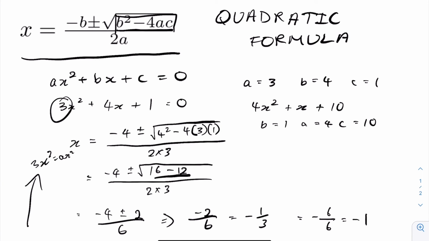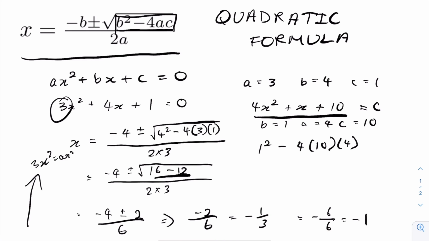In this case, it would be 1 squared minus 4 times 10 times 4, which is definitely less than 0. It's a lot less than 0. Which means that there are no real solutions, because the square root of a negative number is not real. So there are no real solutions to this.